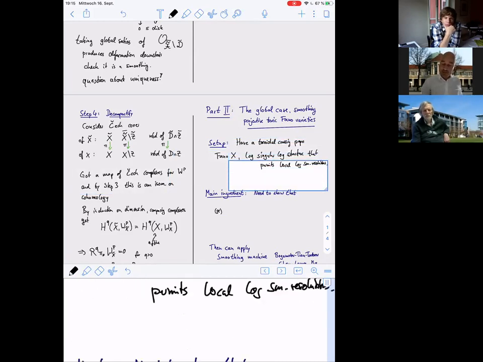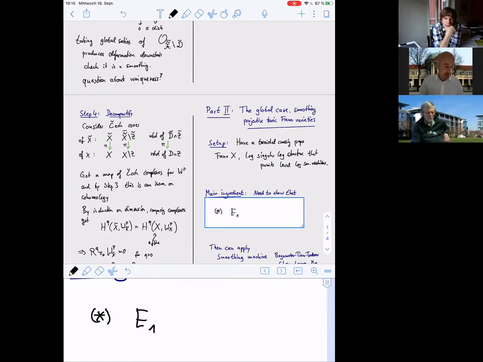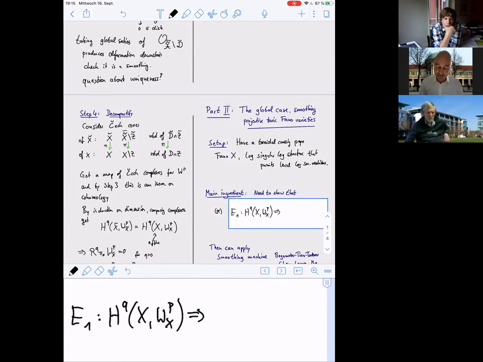Now the key ingredient to produce smoothing, as I said, is the Hodge-de Rham degeneration. We have to show that this spectral sequence, once more, is looking very similar to what we had already, but now it's global, so X is compact, and no longer with the compactifying divisor, since the space was already compact to start with.